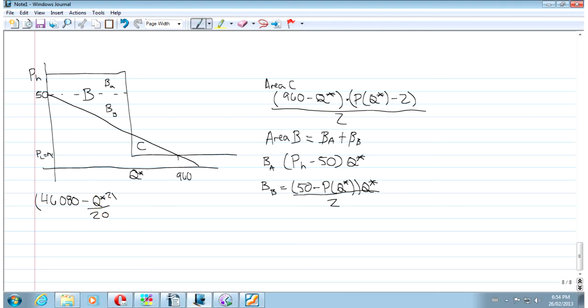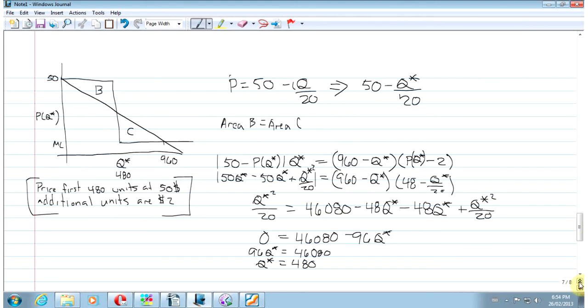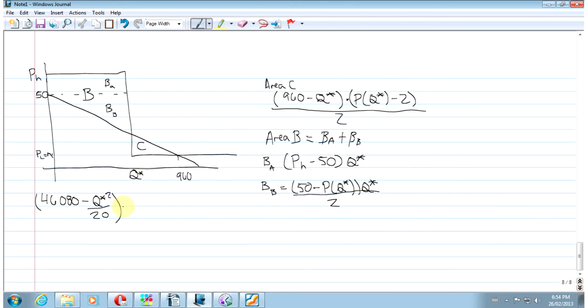That's the problem. See, even when I try to skip steps, I do things badly. So, lesson: don't skip steps. Because this is a positive and there's also minus 96 Q star. So I'm sorry for that. It was kind of silly of me to skip steps when I really shouldn't have.